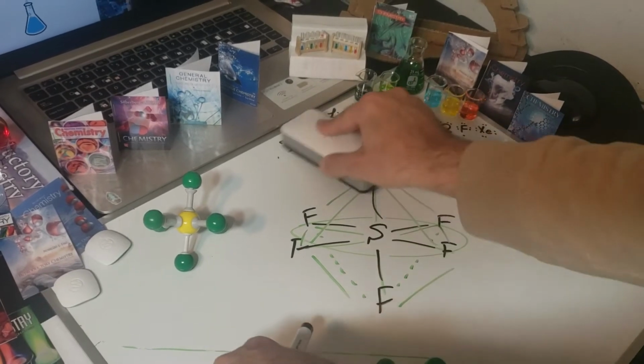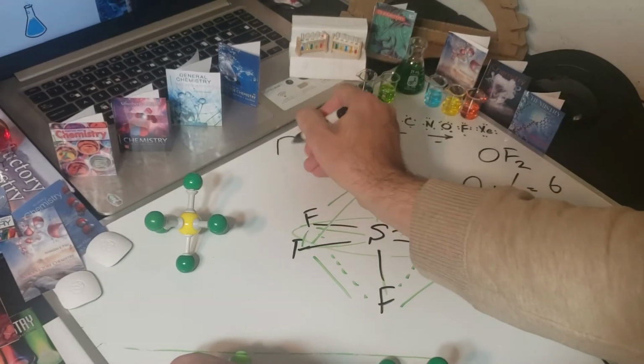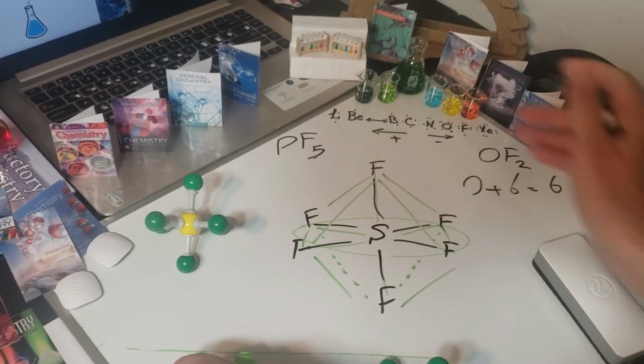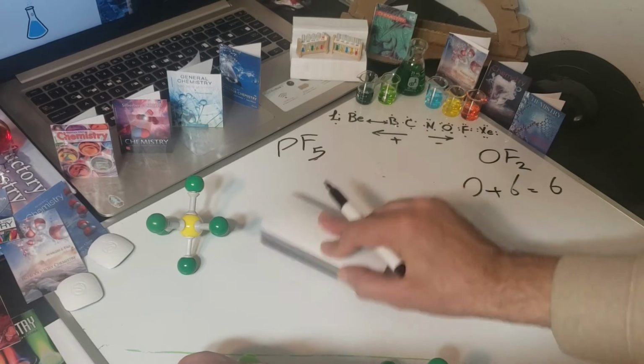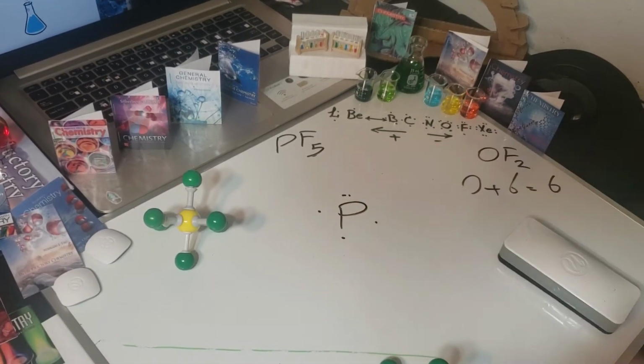Let's do PF5. Now my phosphorus is also period 3. That's why it can do that.